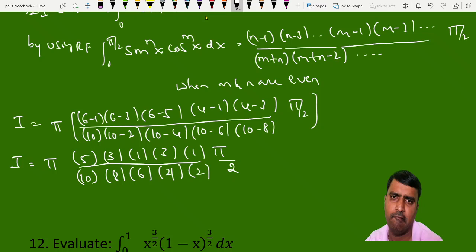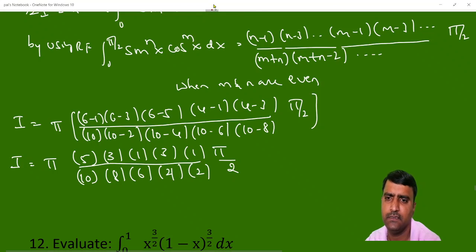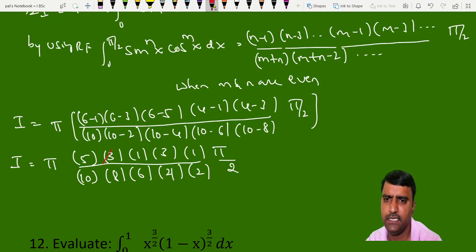Now you cancel the terms: 3 ones are 3, 3 twos are 6, 5 ones are 5, 5 twos are 10. So I is equal to 3 pi square.